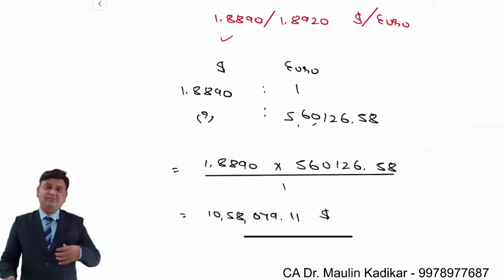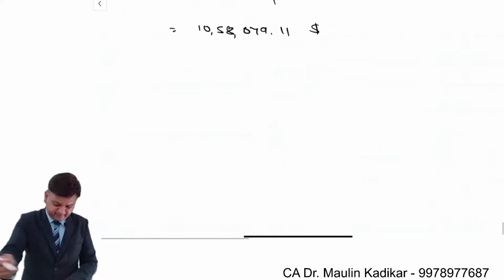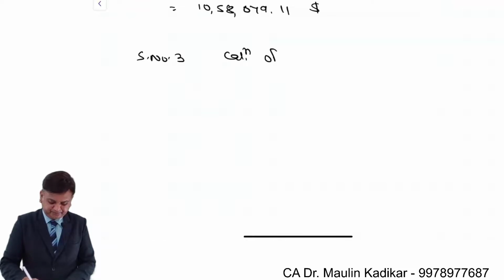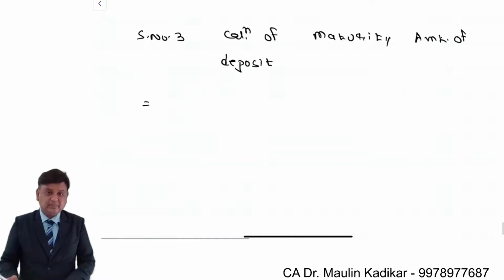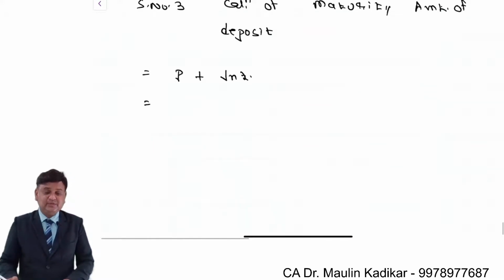In order to make it comparable with the first alternative, we will make investment. So step number 3, calculation of maturity amount of deposit. It will be calculated as principal plus interest. What is the principal amount?